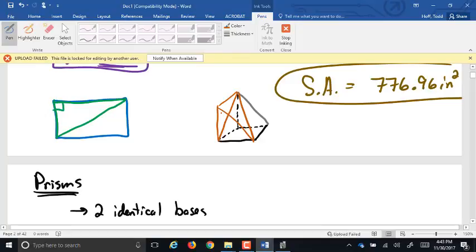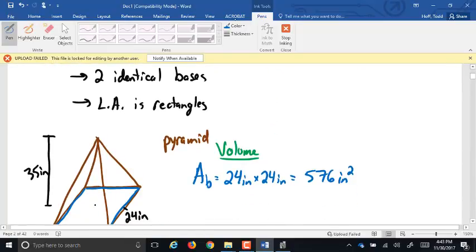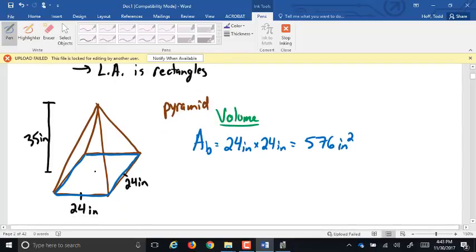This is one of the few times I'm going to ask you to just accept what I'm going to tell you for this formula, because to get the exact number would require calculus, and we're not going to go there. But the volume of a pyramid is equal to the area of the base times the height divided by 3.